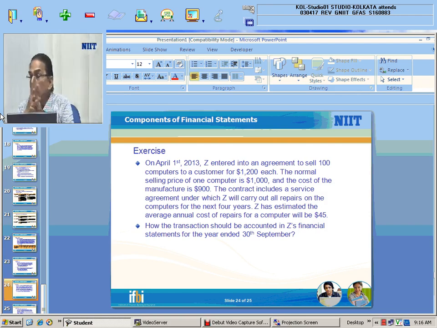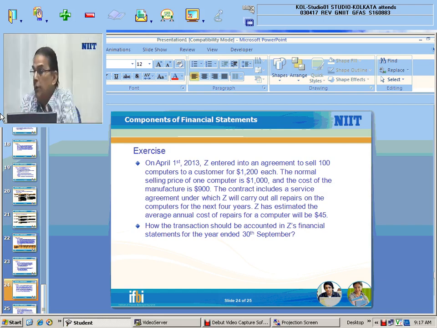So for the first part, that is for the sale of computers, the revenue will be recognized at $1,000 for each computer sold. Cost of goods sold is $900, so profit is $100. The remaining $200 will be recognized as deferred revenue.